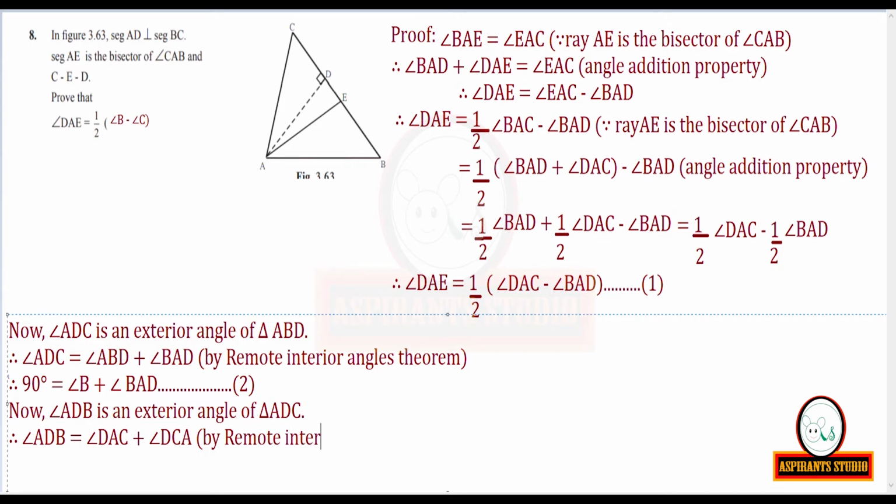DAC and DCA are the remote interior angles of triangle ADC. Now put the value of measure of angle ADB as 90 degrees. So 90 degrees is equal to measure of angle DAC plus measure of angle C. Take this to be the third equation.